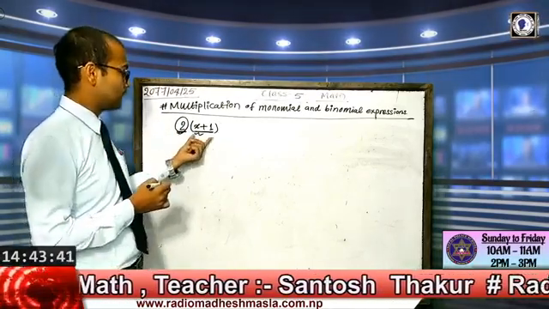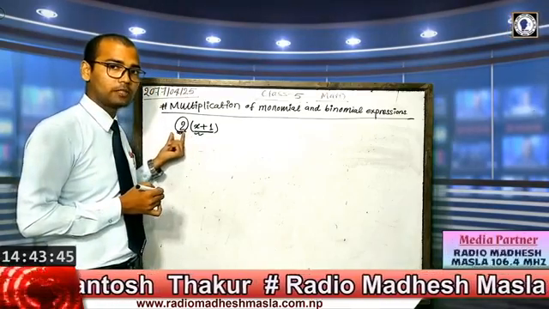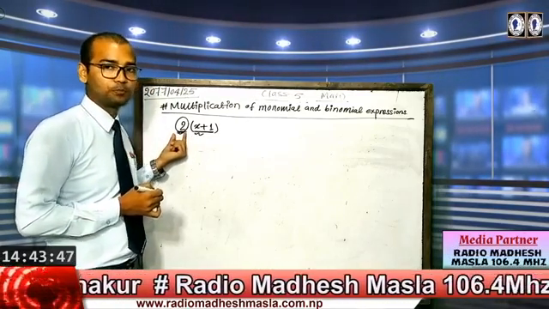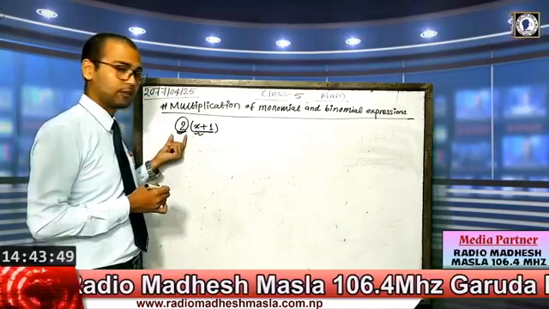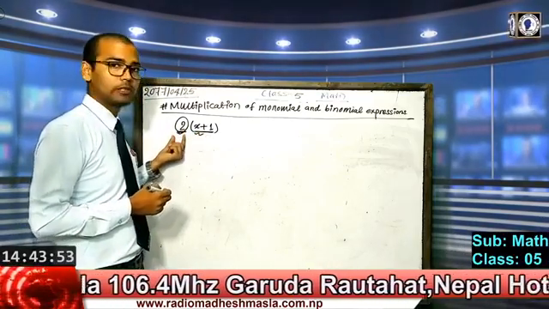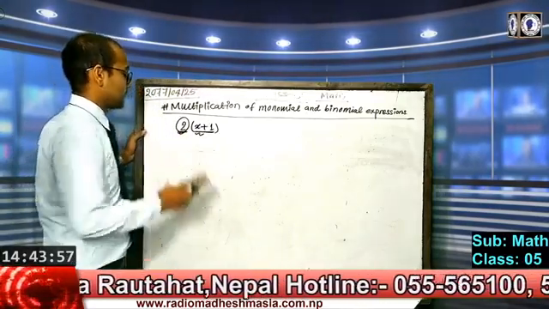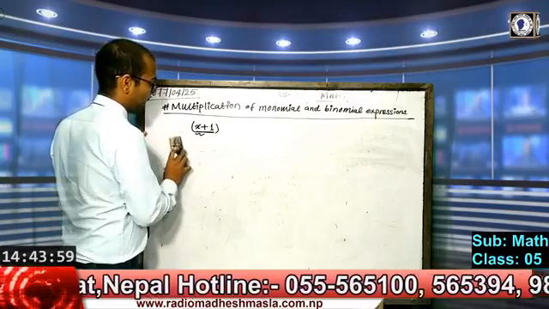So what is the binomial expression? We have x plus 1, and what is the monomial expression? That is 2. So x plus 1 is the binomial expression and 2 is the monomial expression.